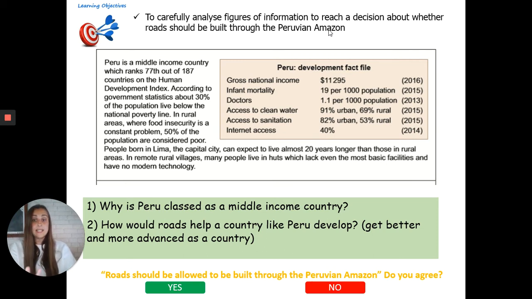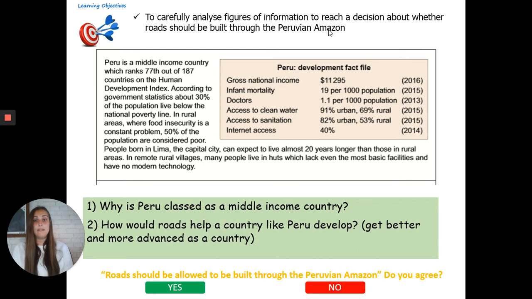According to government statistics in Peru, about 30% of the population live below the national poverty line. That means that they have something like less than $1 per day to live on. That's not just extra spending money, that's $1 per day for the rent, the food, the clothing, everything that they may need to survive.